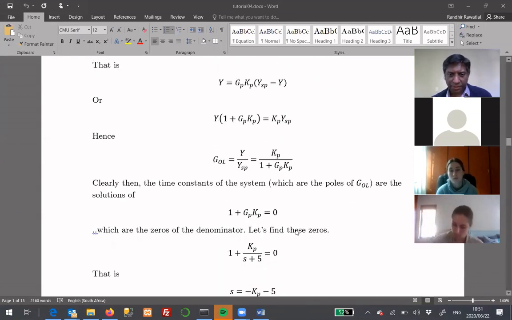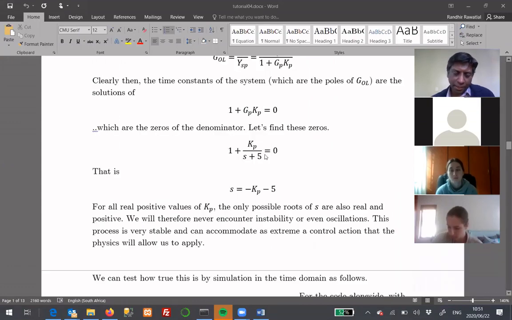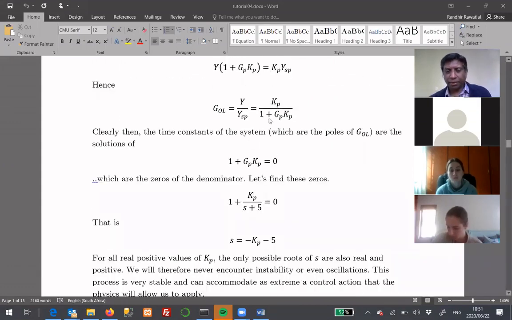That's the form that we get for our first order process that's controlled by a proportional controller. And like we said, the roots of the denominator are going to be the time constants of the solution. So the roots of the denominator are, of course, the solution to 1 plus GPKP equals 0.